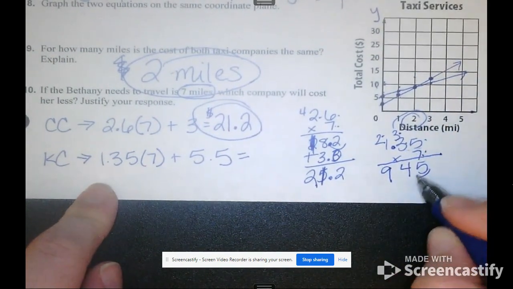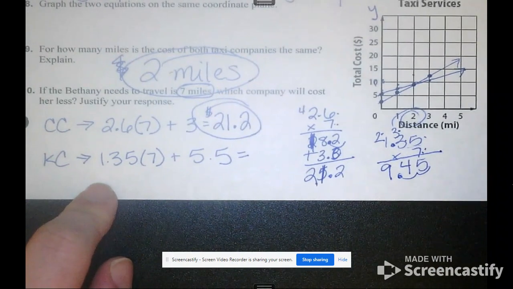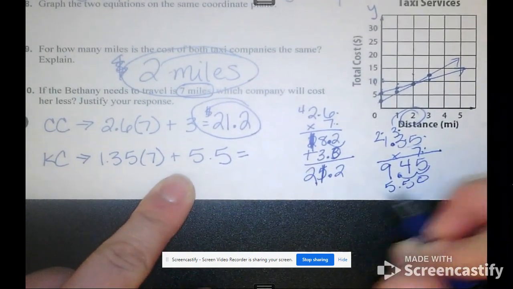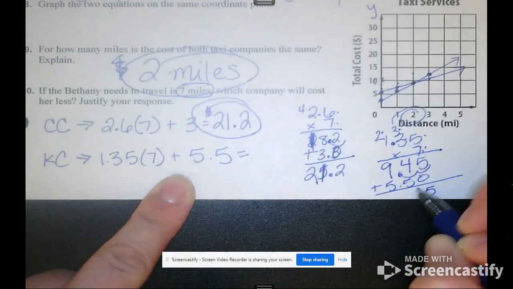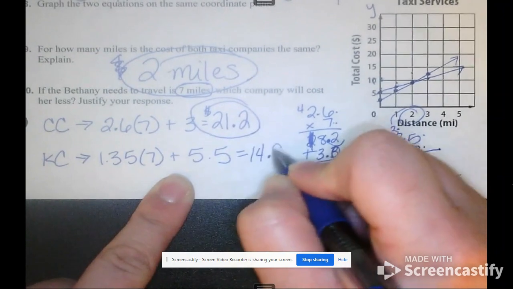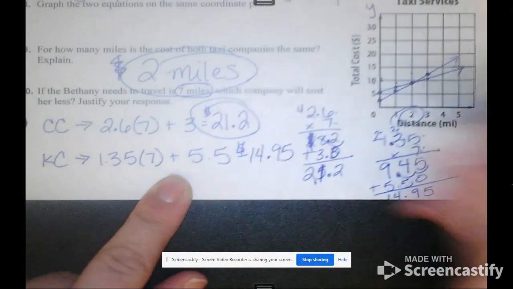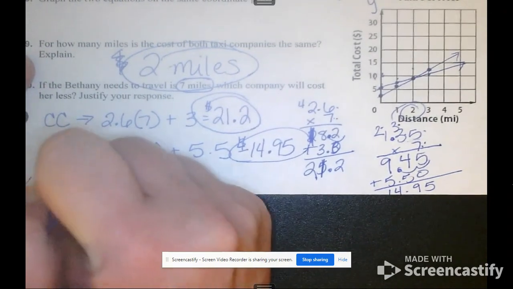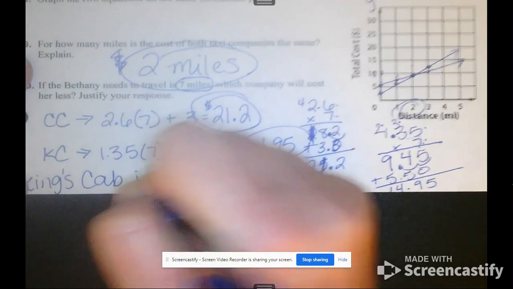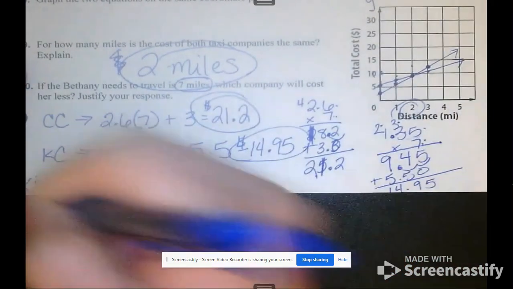How many decimal places? 2. So $9.45, that's $14.95. Okay. So which one is obviously less? King's Cab. Okay, so King's Cab is less.